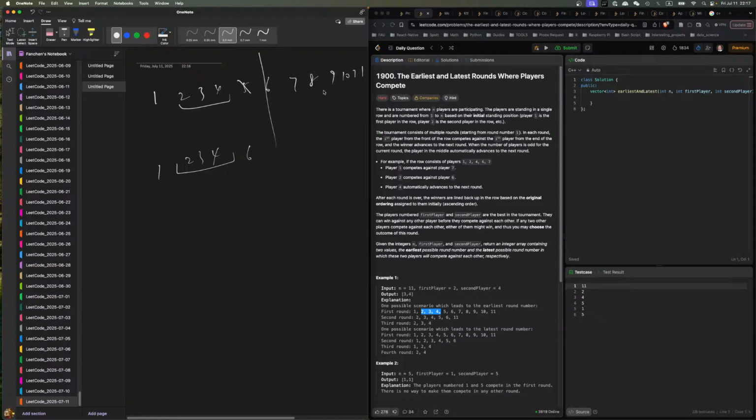I think it depends on how many is left. So you know that after the current round we'll have a certain number left.